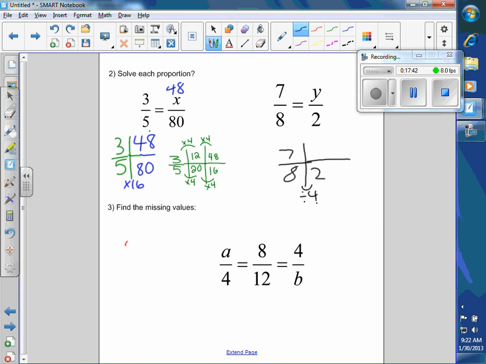How many times does 4 go into 7? Once. And what's the remainder? No, it's 3. Remember, remainders aren't decimals. So 4 goes into 7 once. Your remainder's 3, so you have a fraction. What's the fraction? 1 and 3/4. So put the 3/4.